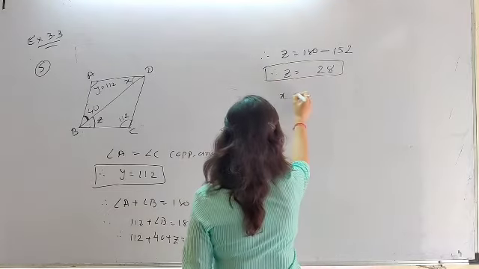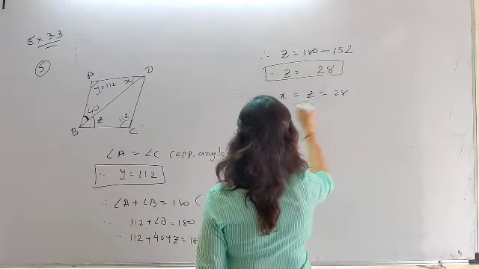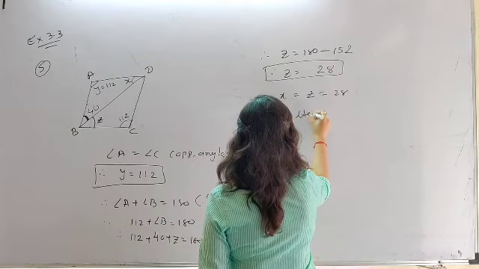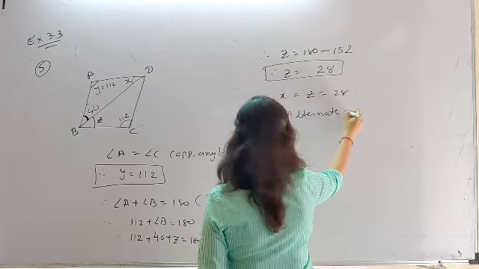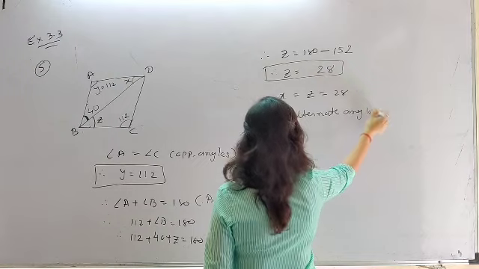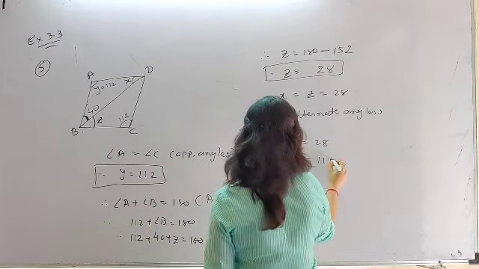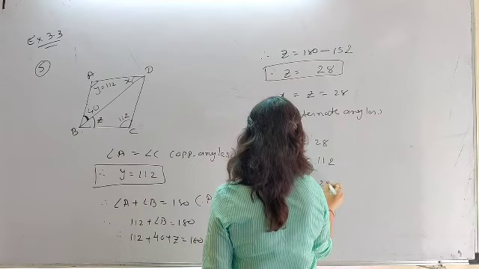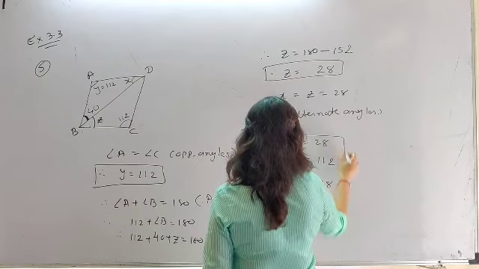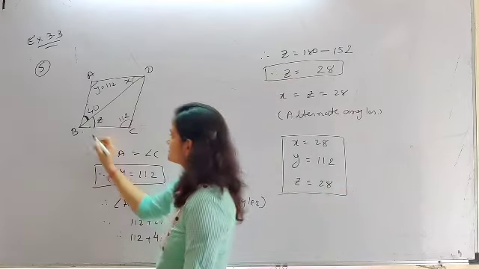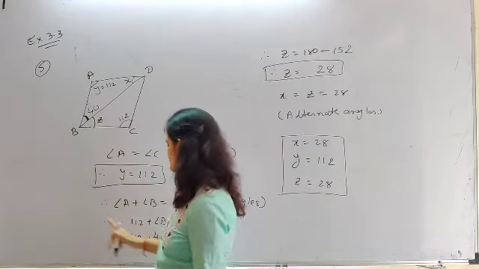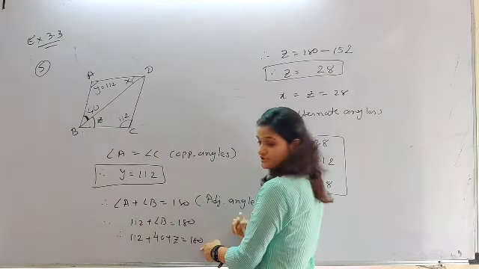Now here x is equal to z is equal to 28 as they are alternate angles. So x is equal to 28, y is equal to 112 and z is equal to 28. Once again, here the whole angle B is equal to 180 minus 112.